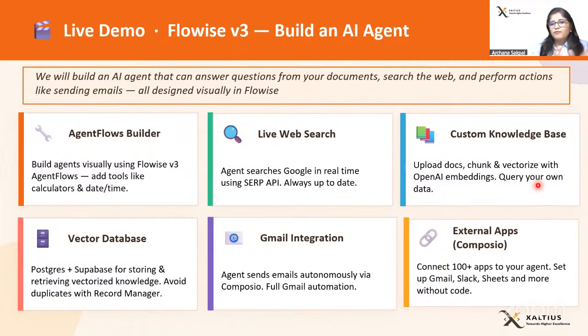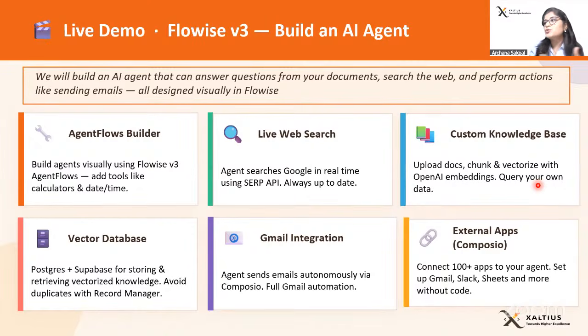In this demo, if you can see, there are 6 boxes, which give a complete idea of what I'm going to build. But let me summarize it for you. We are going to build a search assistant using Flowise, which will act like a smart AI agent, right? It can search the web for the latest information, and it can answer questions from the knowledge base and find relevant content using embeddings.